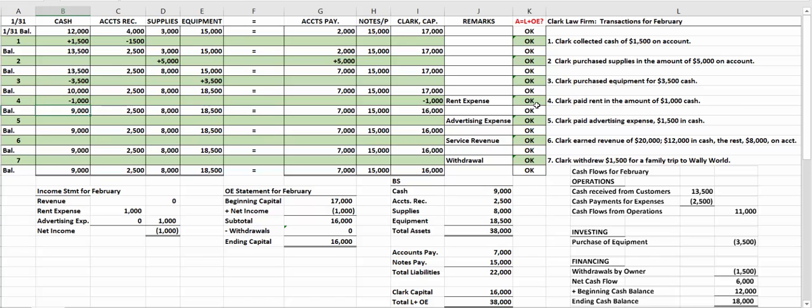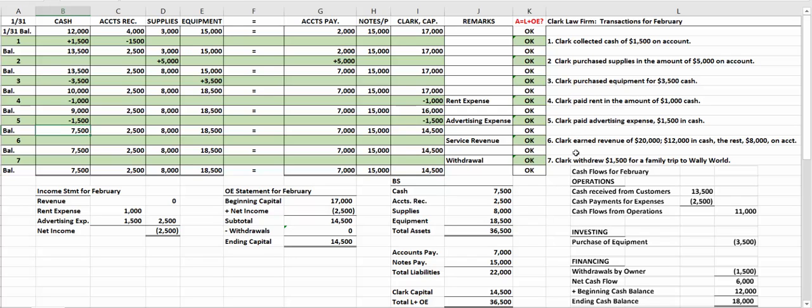Still in balance. Kind of a similar situation with advertising expense. It was $1,500 also paid in cash, so take off $1,500. And the advertising expense, a decrease in owner's equity, and a decrease in cash of $1,500.